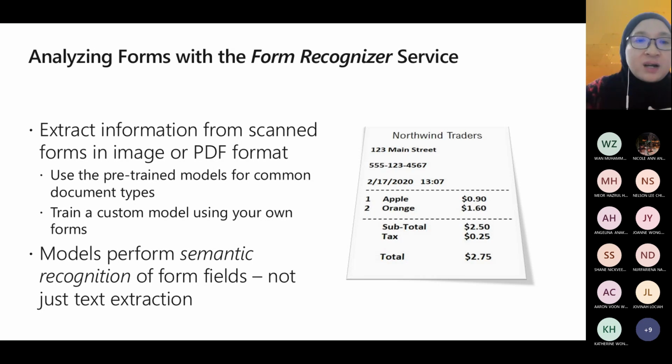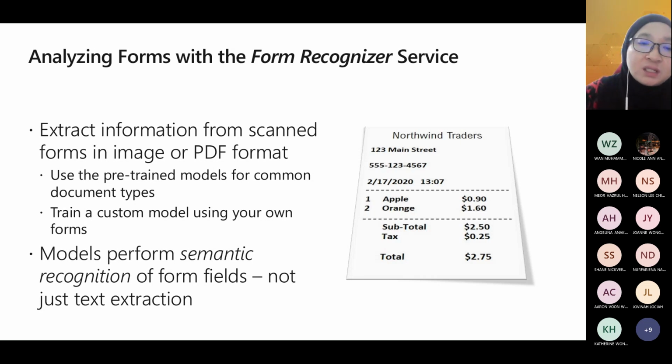For example, it will identify a specific type of data such as an address. You can see here there's an address, there's a phone number, the name of the company, serial number. Contoh, maybe reference for the receipt, there's a date, the times, the quantities, even an understanding of the relationship between the field labels and the values.